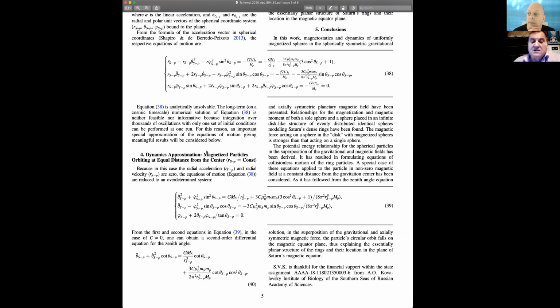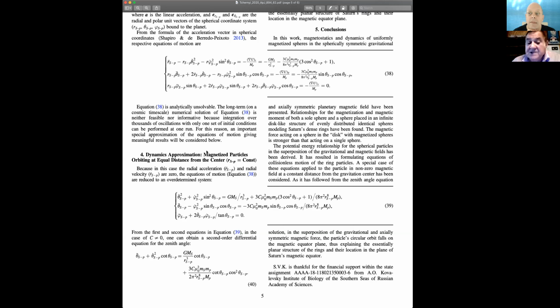We found that the magnetic force acting on a diamagnetic sphere in the disk with many magnetized spheres is much stronger than that acting on a single sphere. We derived the potential energy relationship for the spherical particles in the superposition of gravitational and magnetic fields when they are moving, in dynamics, and it resulted in formulating equations of a collisionless motion of the ring particles.